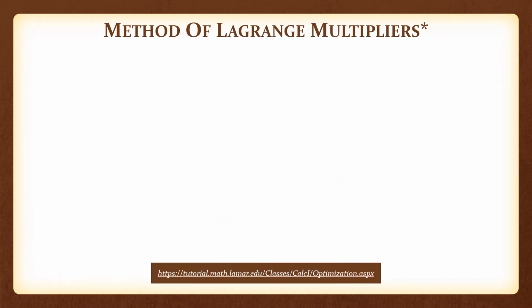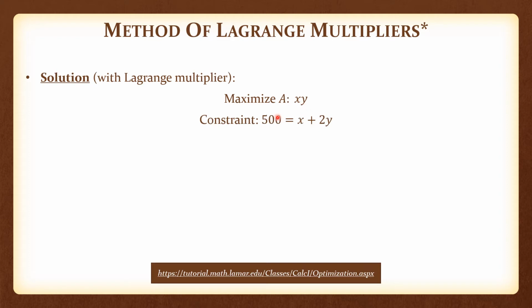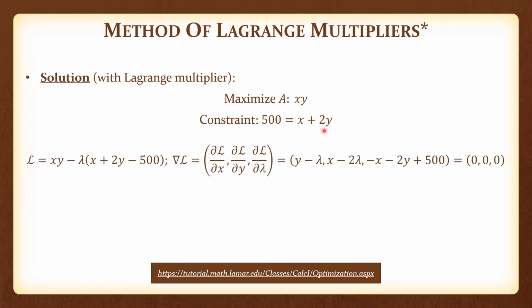Let us solve this problem with the Lagrange multiplier. Maximize A equals xy, subject to the equality constraint 500 equals x plus 2y. So we define the new function, xy minus the Lagrange multiplier lambda times the constraint, which is x plus 2y minus 500, and we compute the gradient.